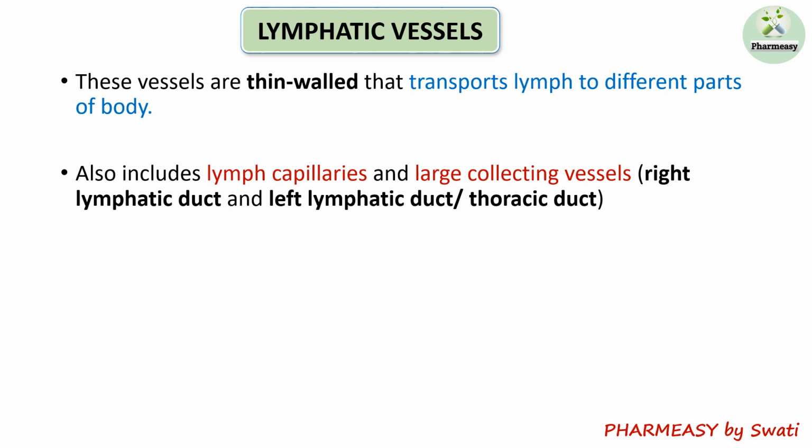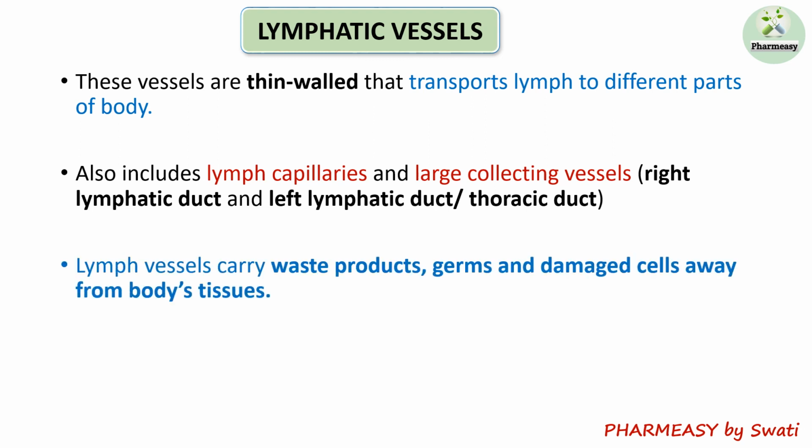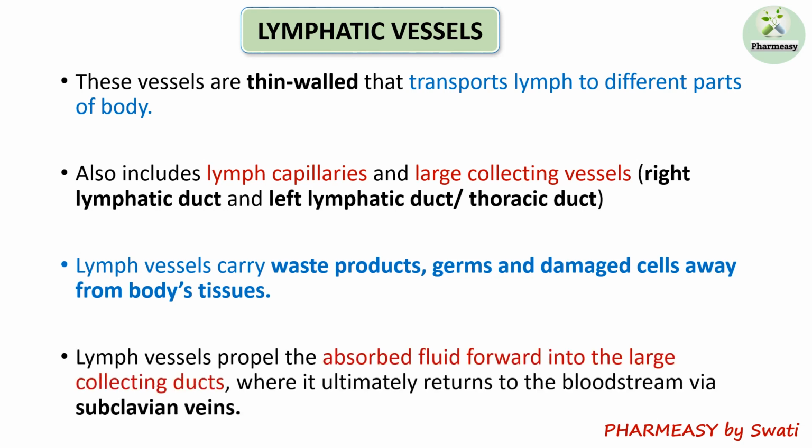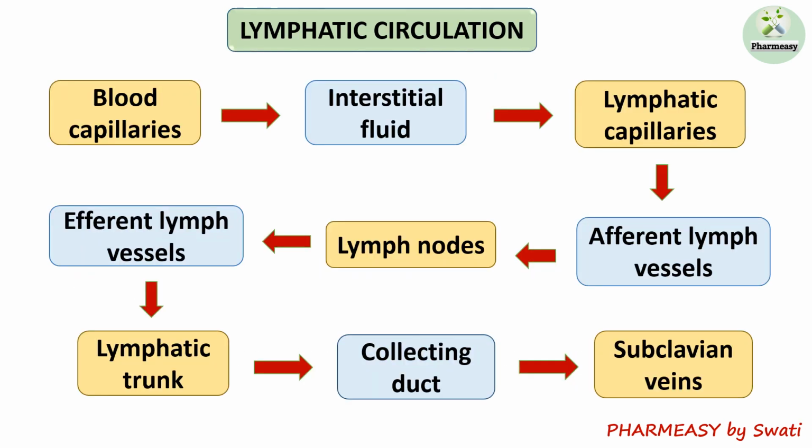And left lymphatic duct is also known as thoracic duct. Lymph vessels carry waste products, germs, and damaged cells away from the tissues. Lymph vessels propel the absorbed fluid forward into the large collecting ducts, where it ultimately returns to the bloodstream via subclavian veins.